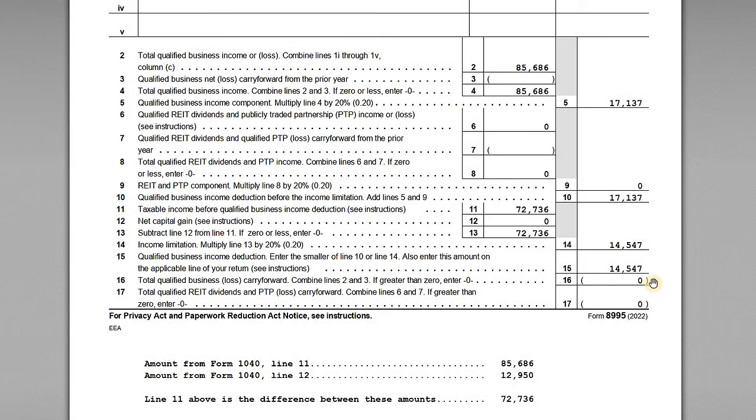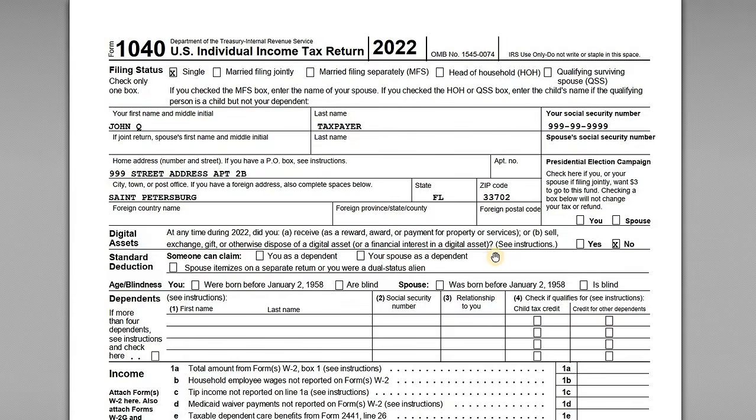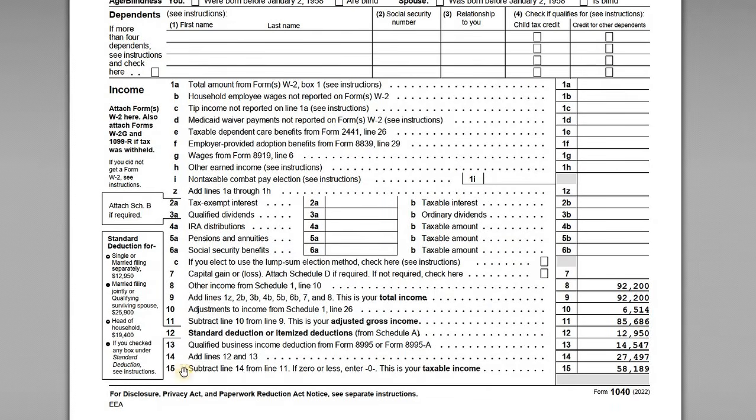So he gets to deduct $14,547, and that amount is reported up here on page 1. So line 13, the QBI deduction coming through from Form 8995 is $14,547.